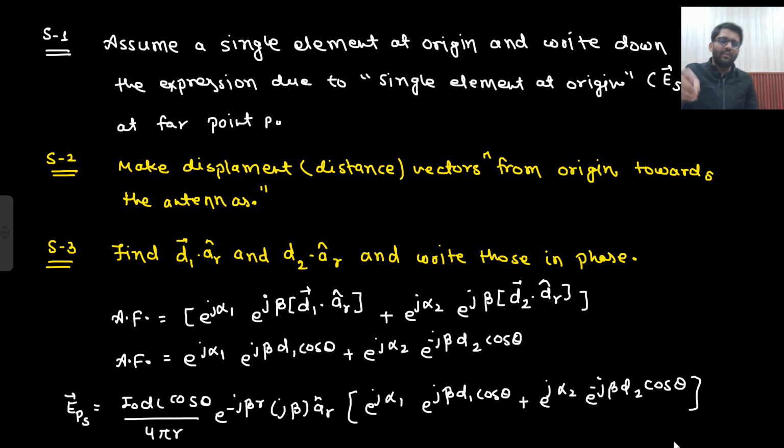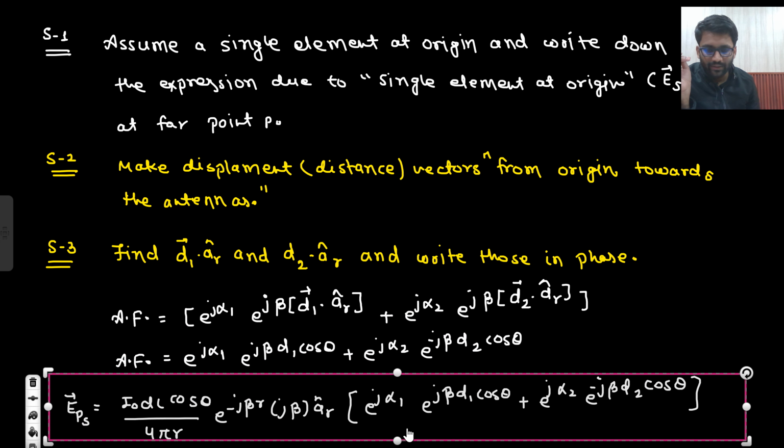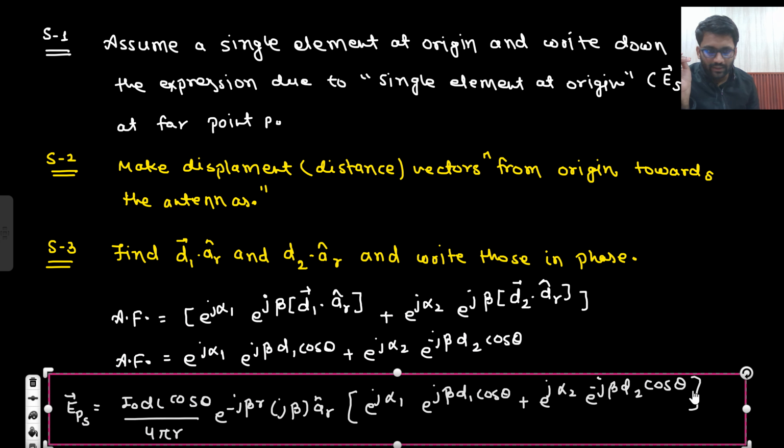There you go. Within one line only you have written down the complete expression. For this expression we spent 30 minutes, but in the examination you are going to spend only 30 seconds to write down this particular expression.